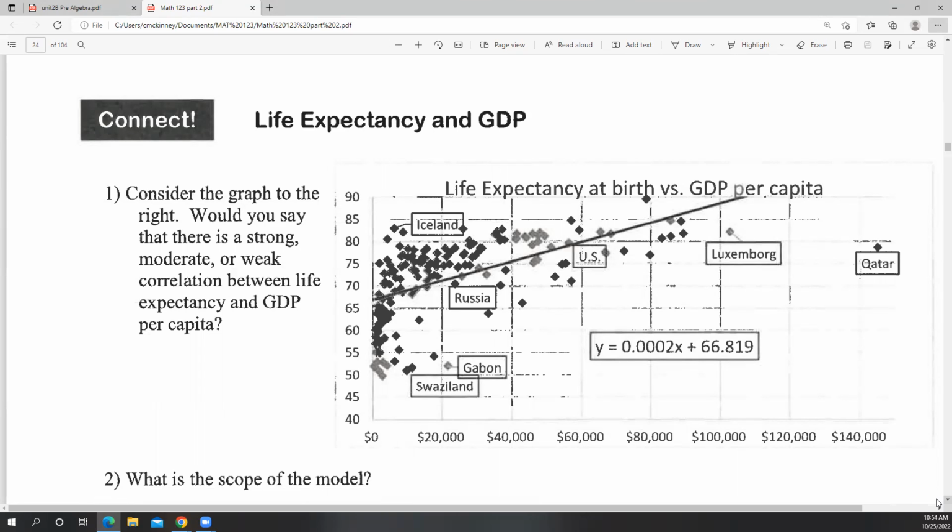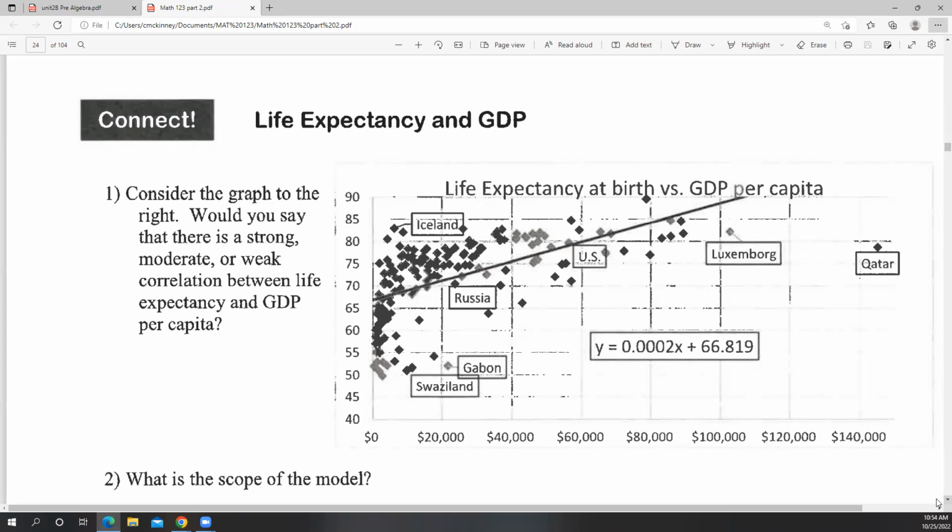So every place on this graph has to do with life expectancy, basically the average age of death, the life expectancy at birth, versus the GDP, the gross domestic product per capita. We did some work with GDP before.